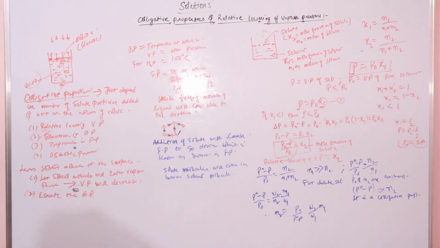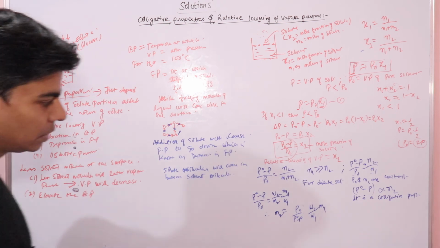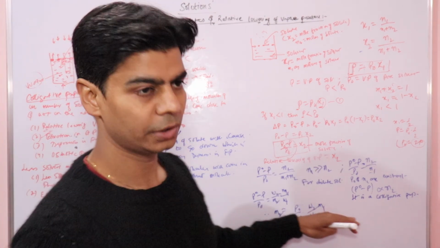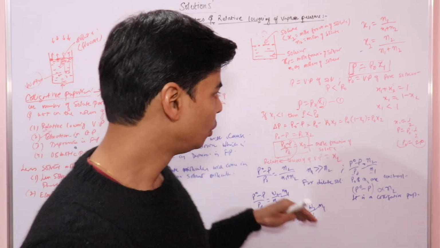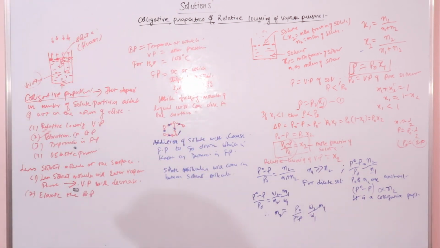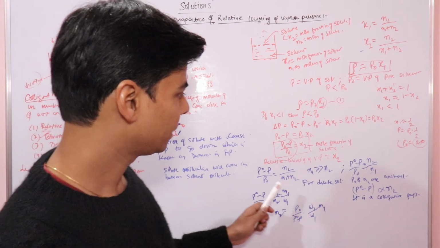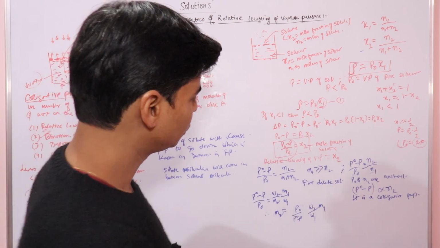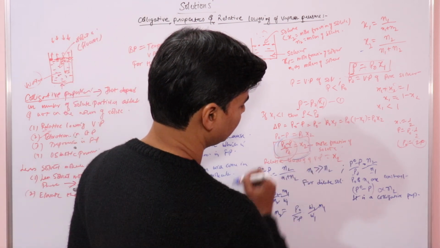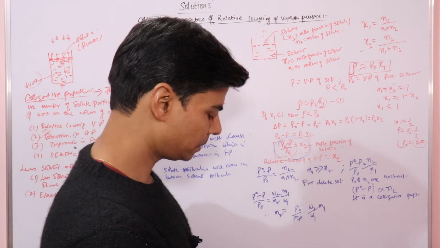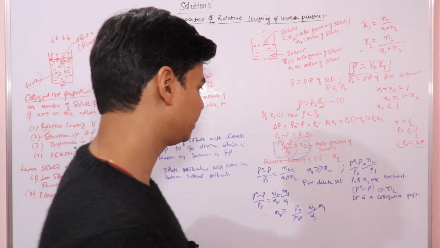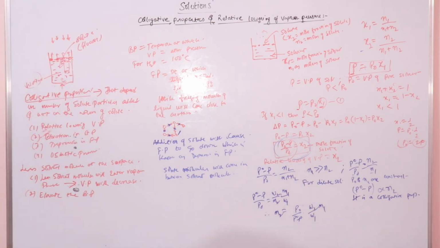One more thing to mention here is that relative lowering in vapor pressure is a colligative property, but lowering in vapor pressure is not a colligative property, because it does not depend upon the mole fraction of the solute. It's the relative lowering in vapor pressure that depends on the mole fraction of the solute added.